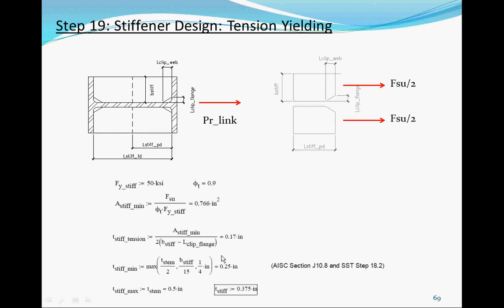Okay, for the minimum thickness per code, the AISC and our step 18.2. Remember, we say we don't want anything less than 1/4 inch. So the requirement, our 1/4 inch actually governs on this one. So we're saying use the minimum stiffener of 0.25, and then the maximum is 0.5.